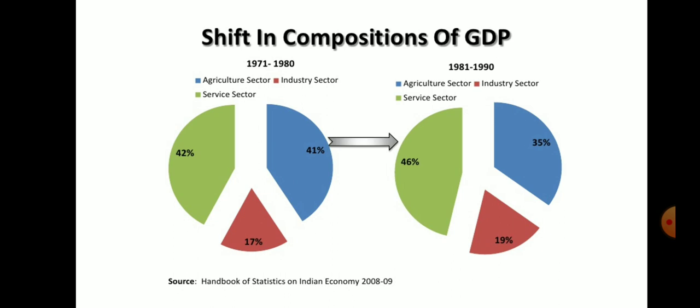From 1971 to 1980, 41% was produced by the agricultural sector, whereas industry was 17% and the service sector 42%. But from 1981 to 1990, the agricultural sector has been reduced and the other two have increased.